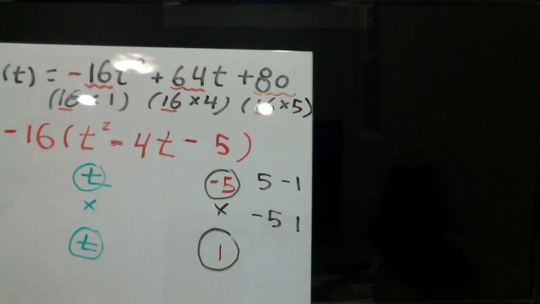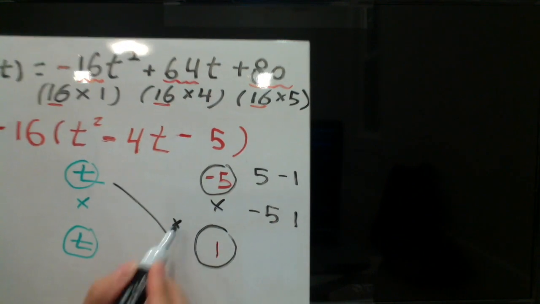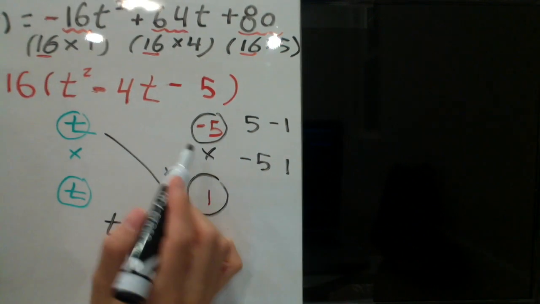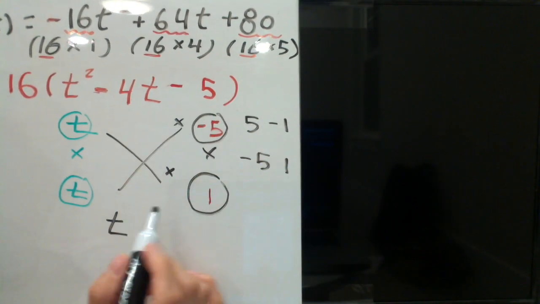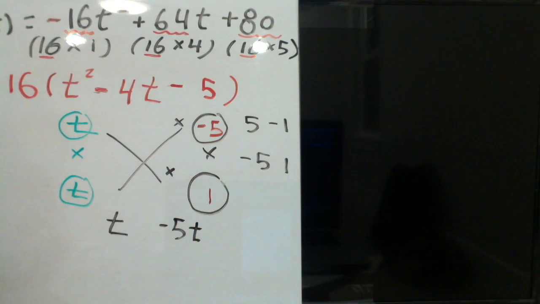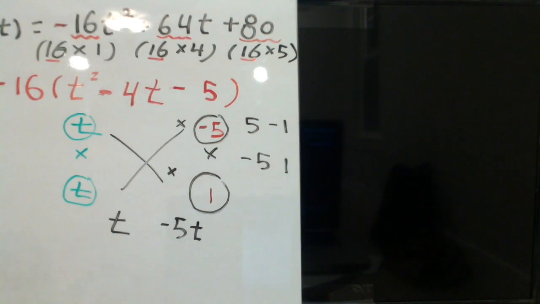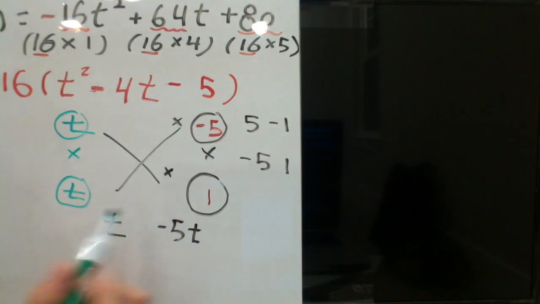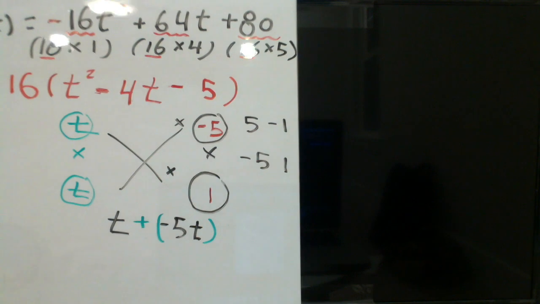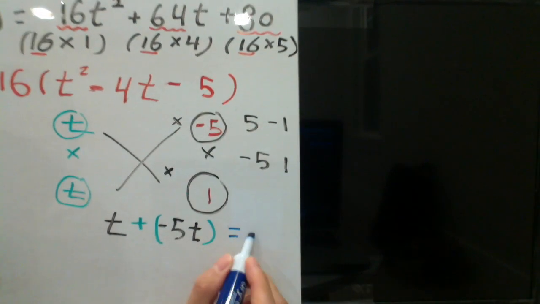So I will do cross times makes t, and then cross times negative 5t, because negative 5 times t is negative 5t, right? And now what do I do? I have to combine this. Then it will make negative 4t.